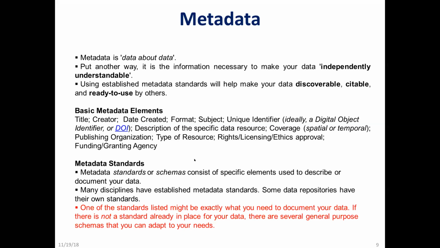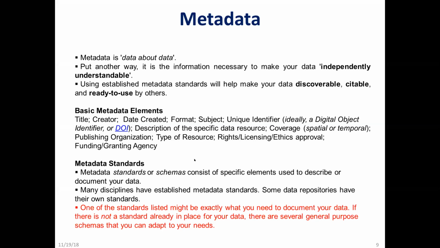So keep in mind that in your project and in your data management plan, you have to mention what type of metadata you are going to collect. The basic metadata elements are the title of your project, who created it, the date created and the format, the subject, the unique identifier, and we will come to that, the digital object identifier, DOI.